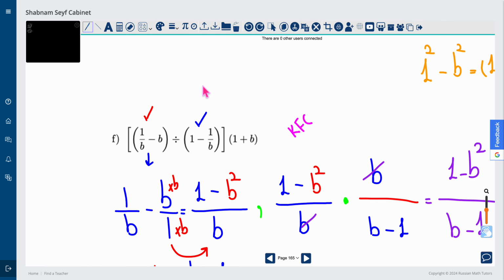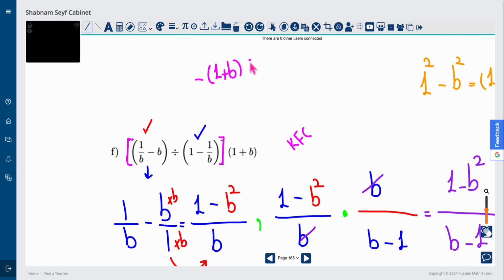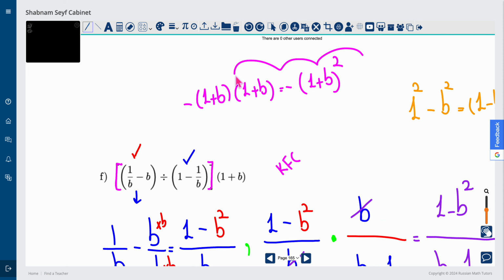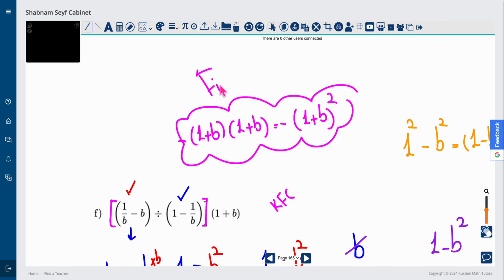We have negative 1 plus b for this entire bracket. The other parenthesis is the same thing, 1 plus b. So what I could do is write it as minus 1 plus b squared, and we're done. That's the final answer.